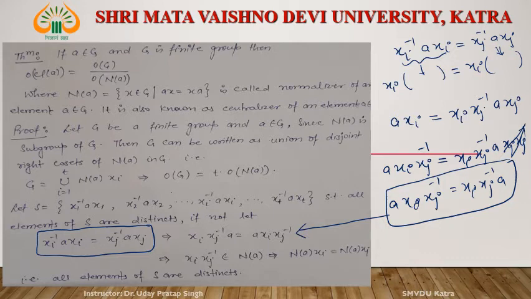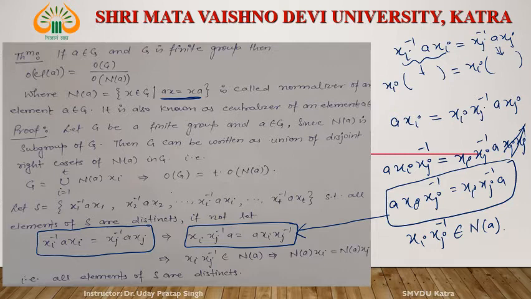This implies that xi xj inverse belongs to N(a), since N(a) contains all those elements which commute with a. This xi xj inverse commutes with a, which means xi xj inverse belongs to N(a).